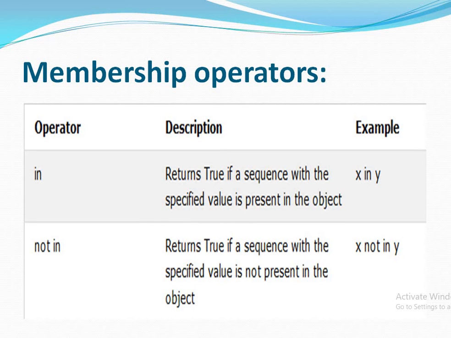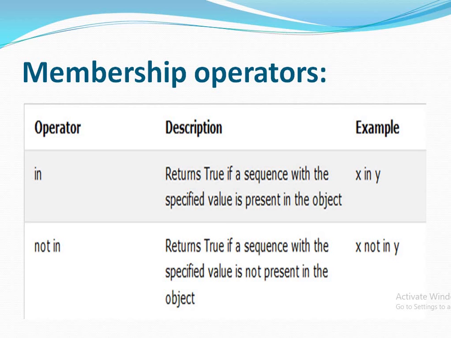Now the membership operators: in and not in. Take an example where y is equal to ABC. The value stored in y is ABC. Now x is equal to only A. So A in ABC exists.